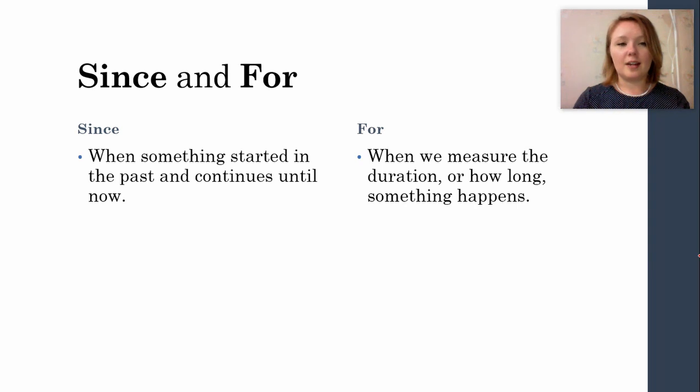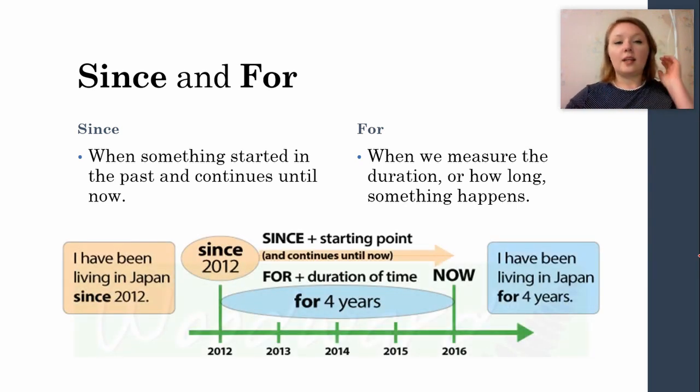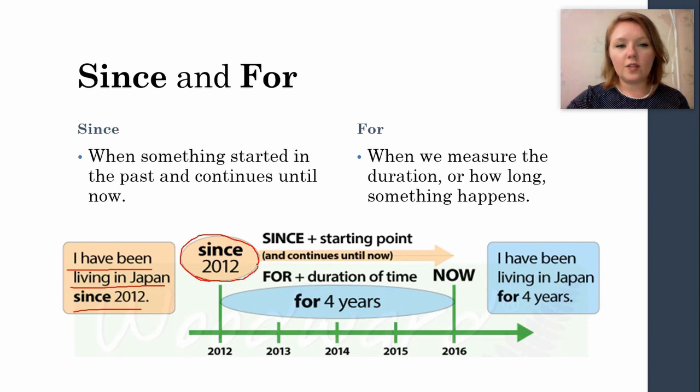Let's look at an example. So here we see since and for. So I could say, I have been living in Japan since 2012. This means I started living in Japan in 2012 and it continues until now.